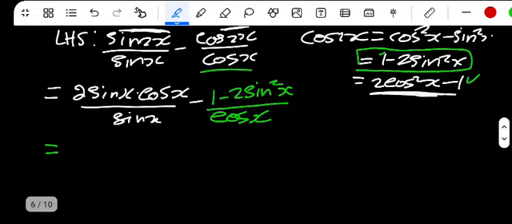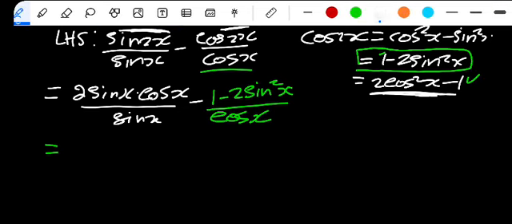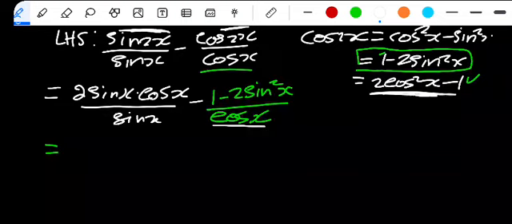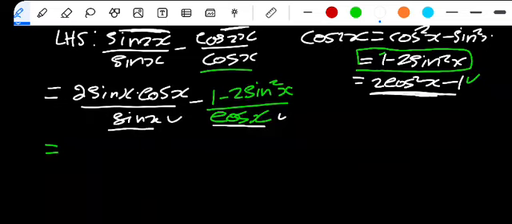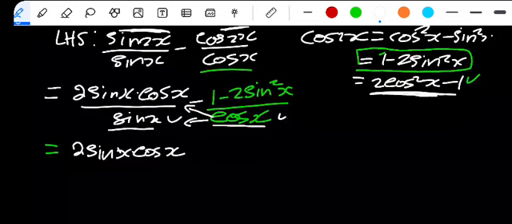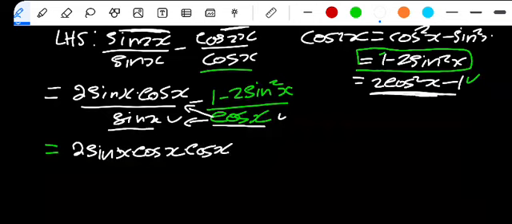Then in maths, if you have fractions, the denominators must be the same. So you cross multiply here. You will say 2 sine x multiplied by cos x. You multiply by cos on the top, and you multiply by cos on the bottom.